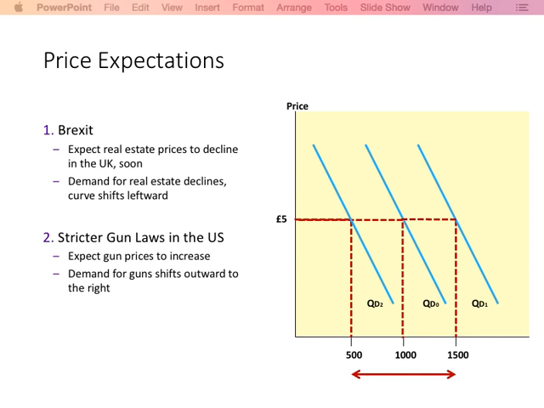When I was looking at this, it was a while ago that I put in the Brexit, but it may actually be true. In any case, in the expectation that property prices will decline, if you are buying a property now, you may hold on and wait until the actual price declines. As a result, the demand curve for the property market will shift to the left, because fewer people are buying because of the price expectations.